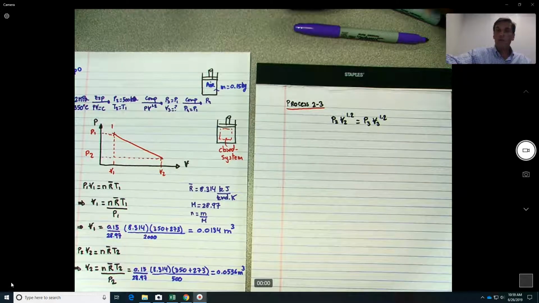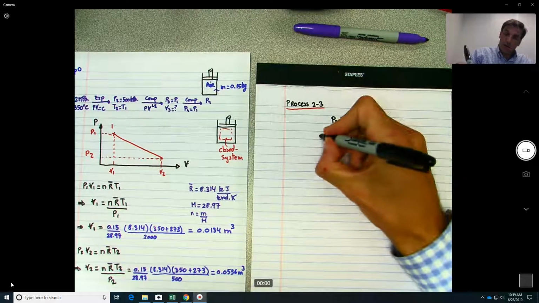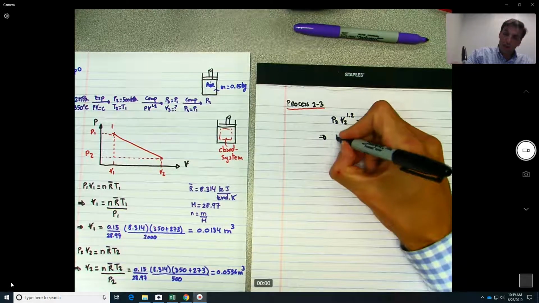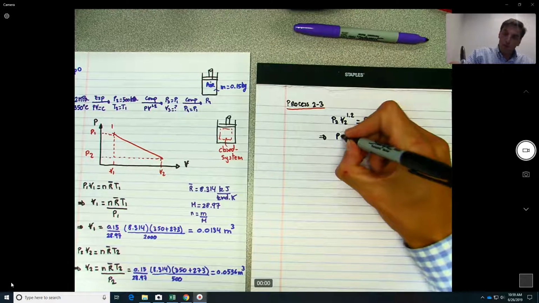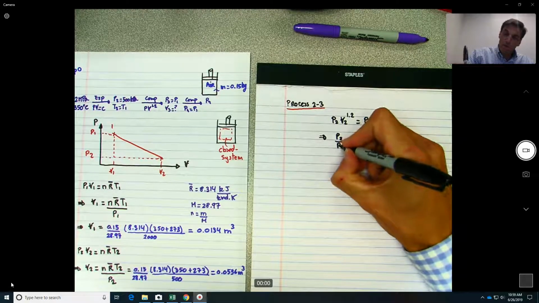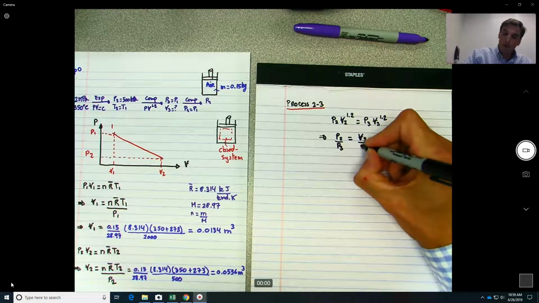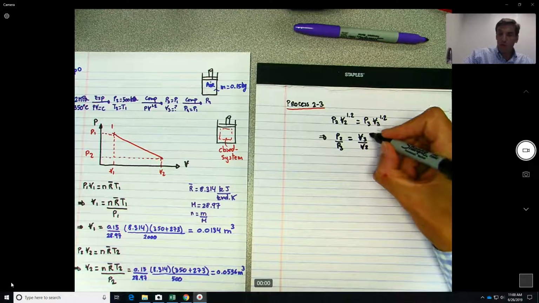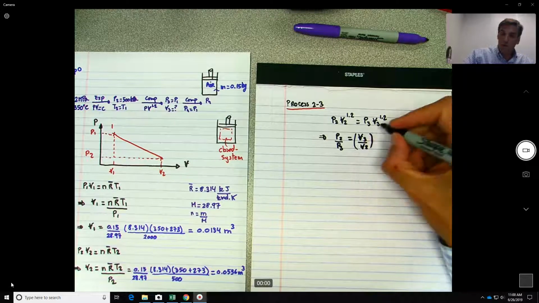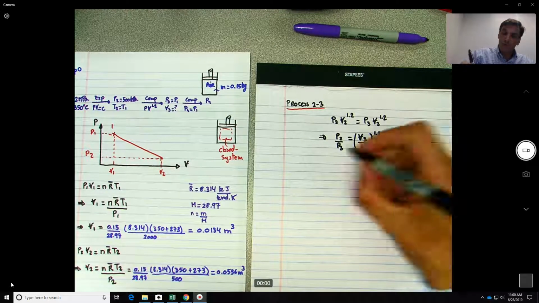So if we solve, this will be equal to what? P2 over P3 will be equal to V3 over V2 to the 1.2.